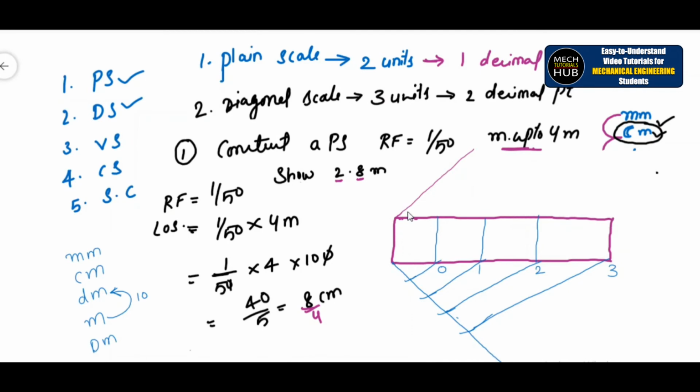So I'll take one acute angle line, and with the help of a compass, any convenient distance, maybe 5 mm or 4 mm, I'll divide it into divisions: 1, 2, 3, 4, 5, 6, 7, 8, 9, 10.